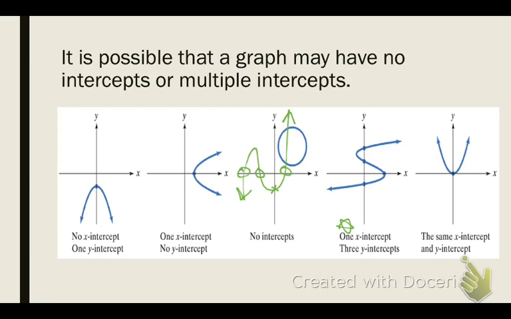There are various things that can happen, where you can have multiple intercepts depending on the function or the graph, along with having absolutely no intercepts as well.